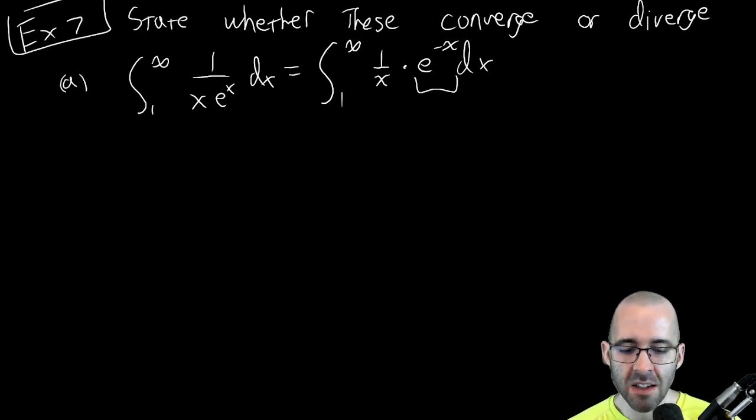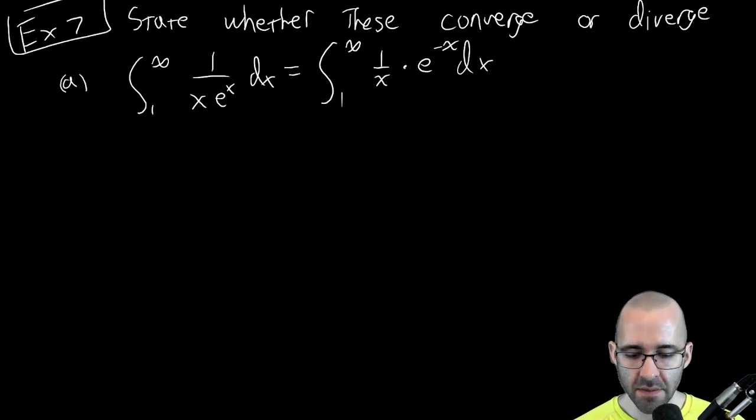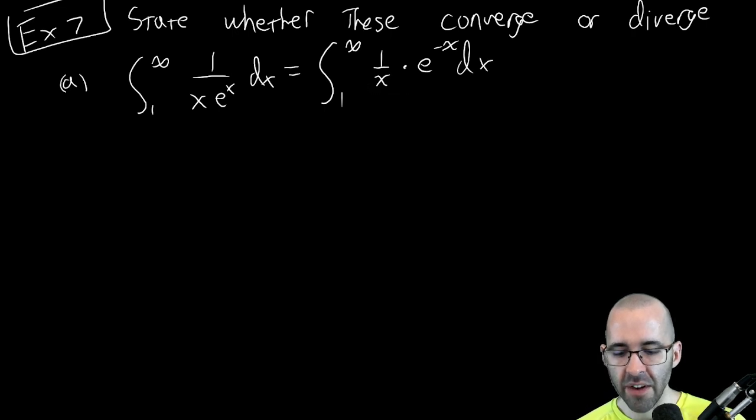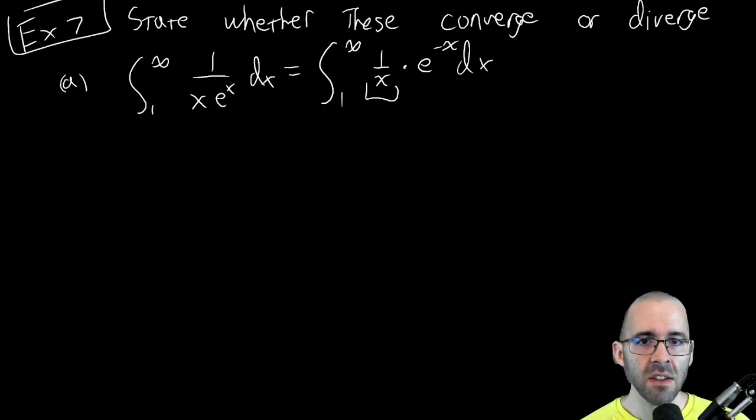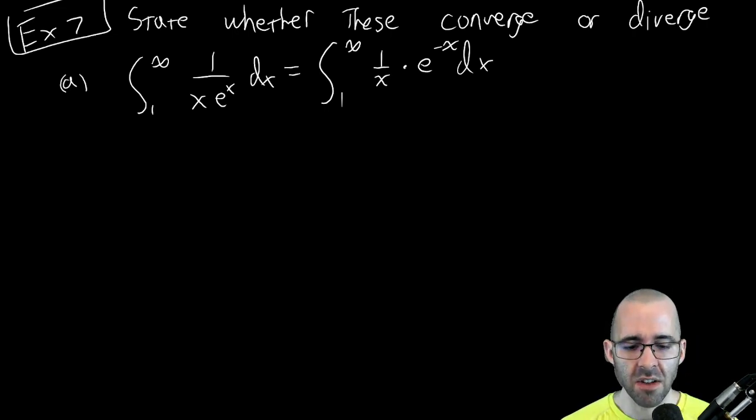And in fact, it's pretty easy to show that this part converges. If we didn't have this, it'd be pretty easy to show it converges. This 1 over x part makes it annoying. But notice that the 1 over x part doesn't make it any bigger. In fact, it makes it smaller.